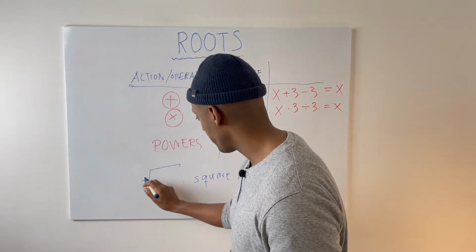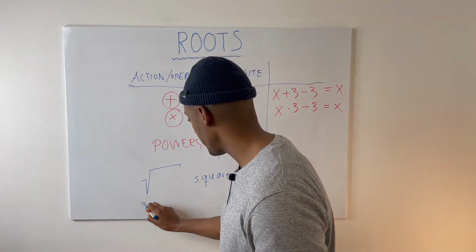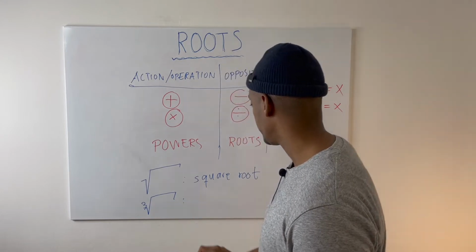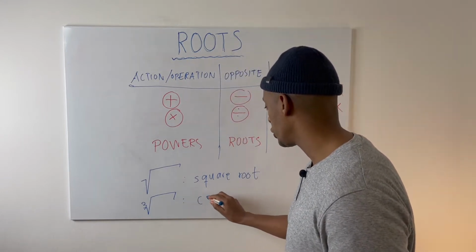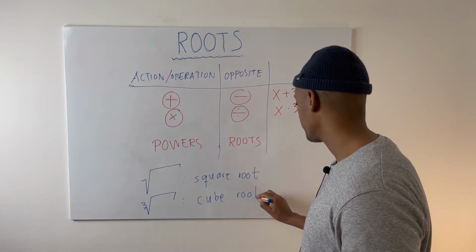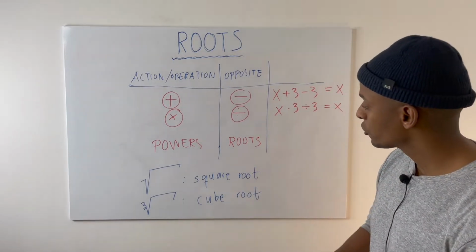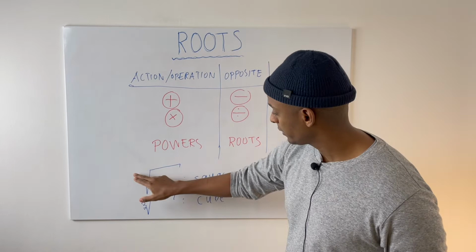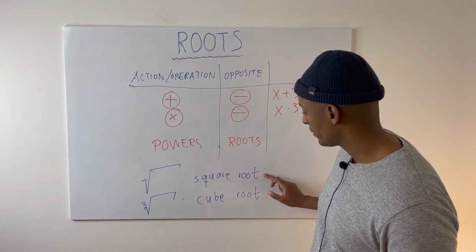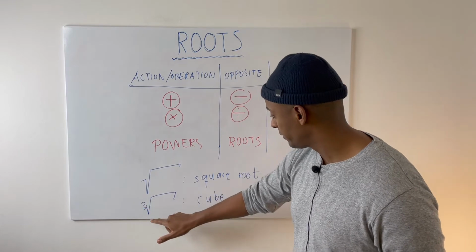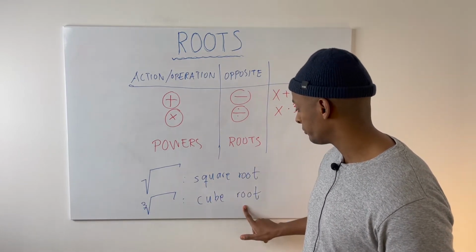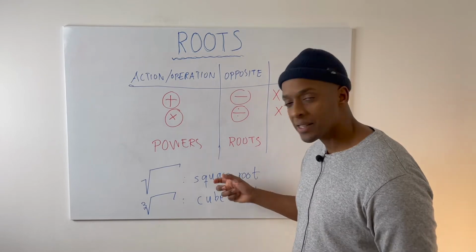And if we add a number here, if we write 3 and then the same symbol, this is the cube root. So if we don't write anything, if we leave it empty here, we call that the square root. And if we put a 3 here, then we call that a cube root. So let's examine how these things work.